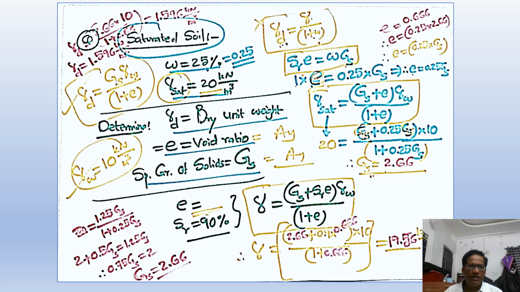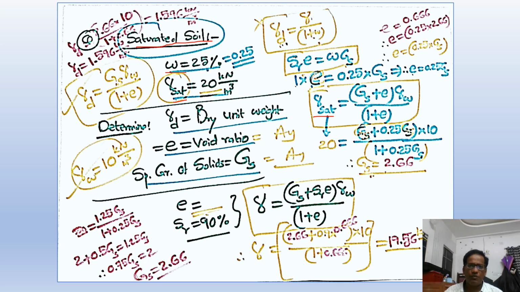So what is given in the question? It is clear that the question mentions saturated soil. Water content is given as 25%, and gamma sat is given as 20 kilonewton per meter cube. Now let us see the fundamental relationship between gamma, G, e and gamma W. Here you see gamma sat, where the degree of saturation is 1, will be (Gs plus Se) into gamma W by 1 plus e.